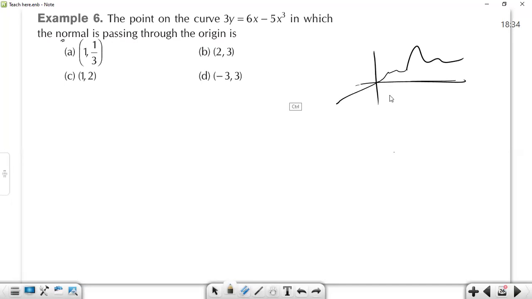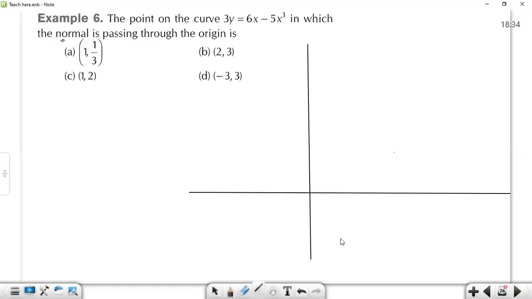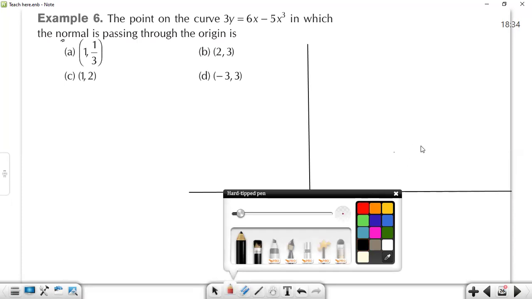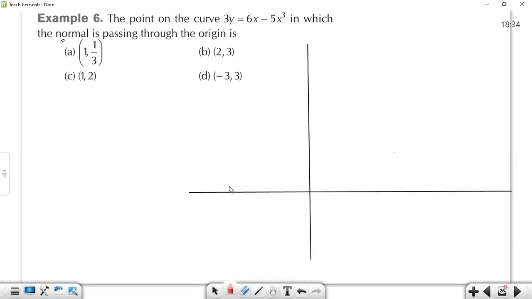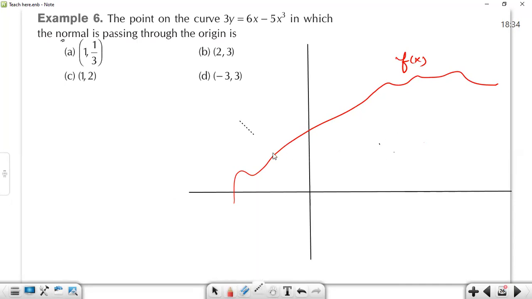Okay, so let's draw a graph. Let's say this is the given function's curve, and we have drawn a normal on this, and that normal is passing through the origin.